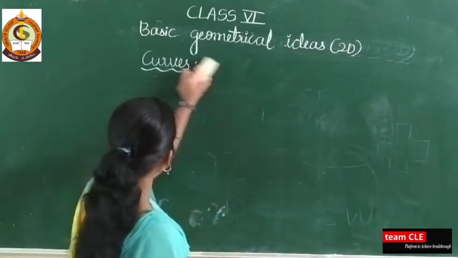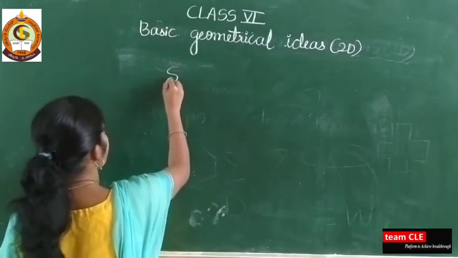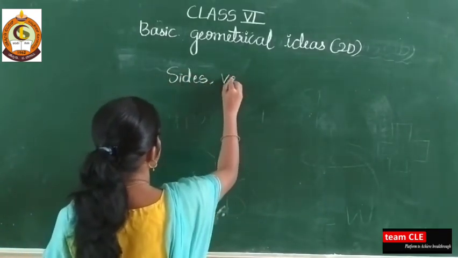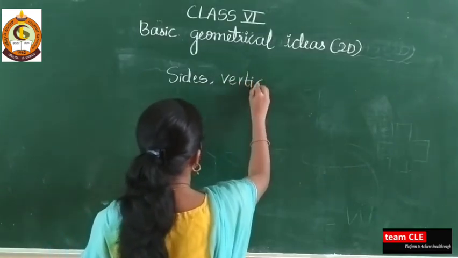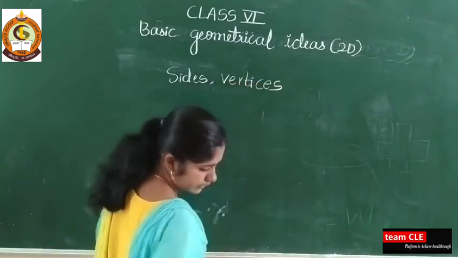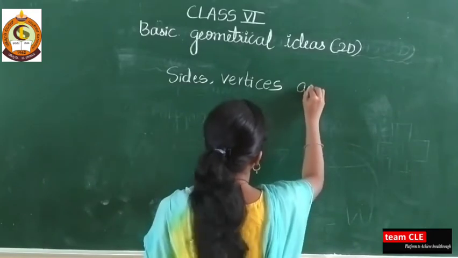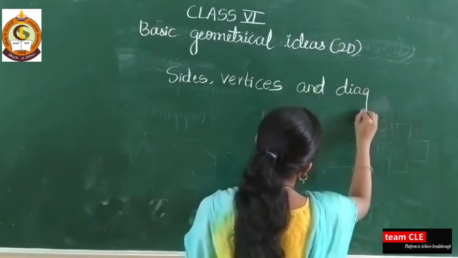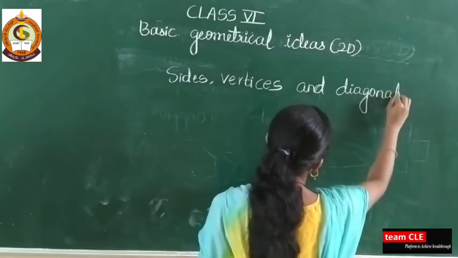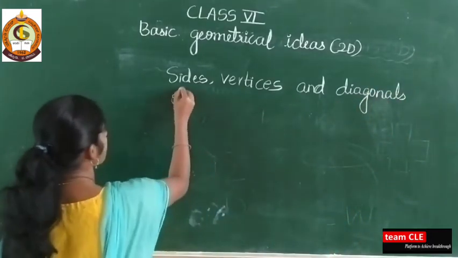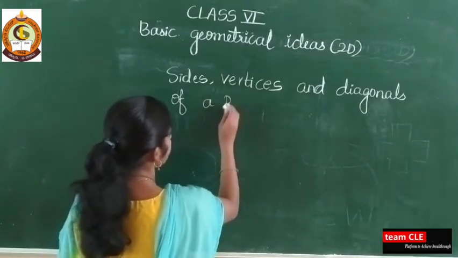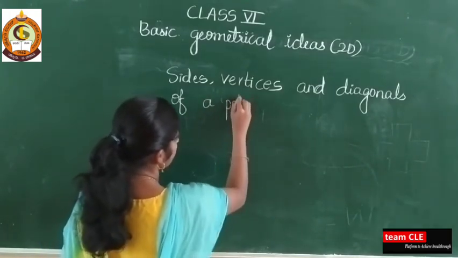Sides, vertices and diagonals of a polygon.